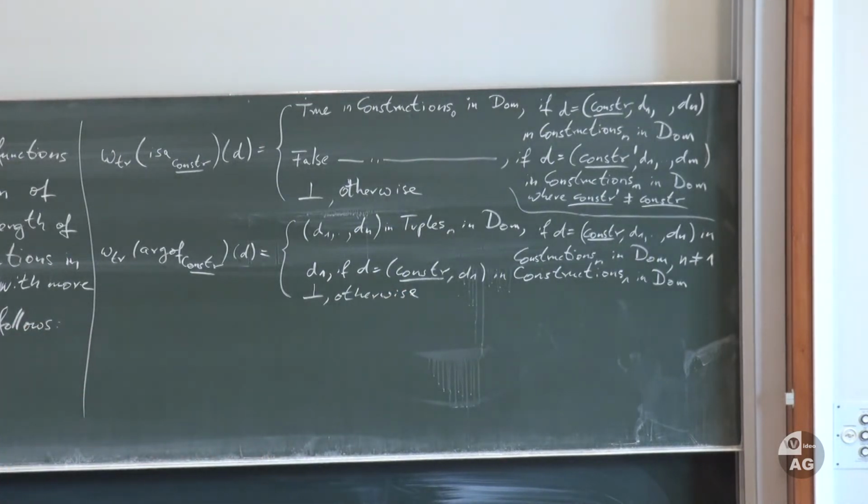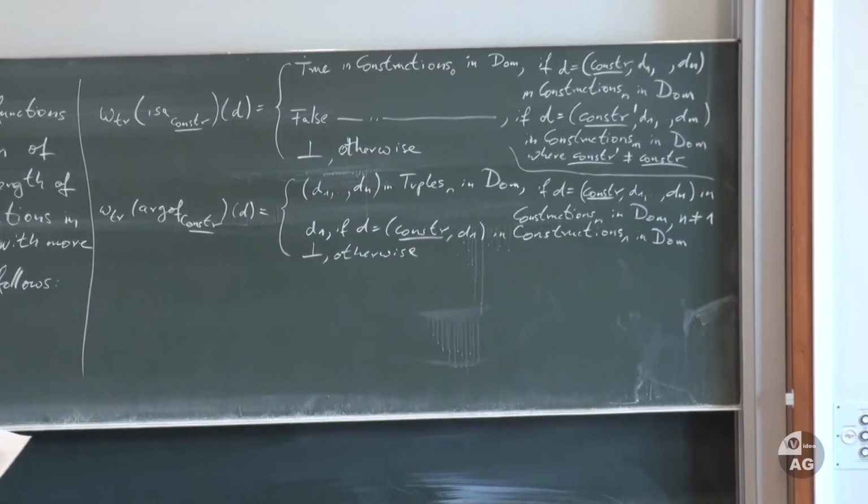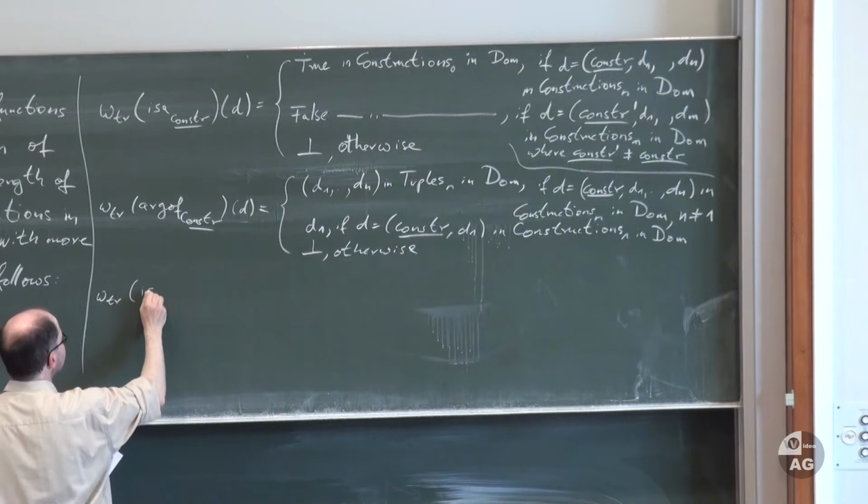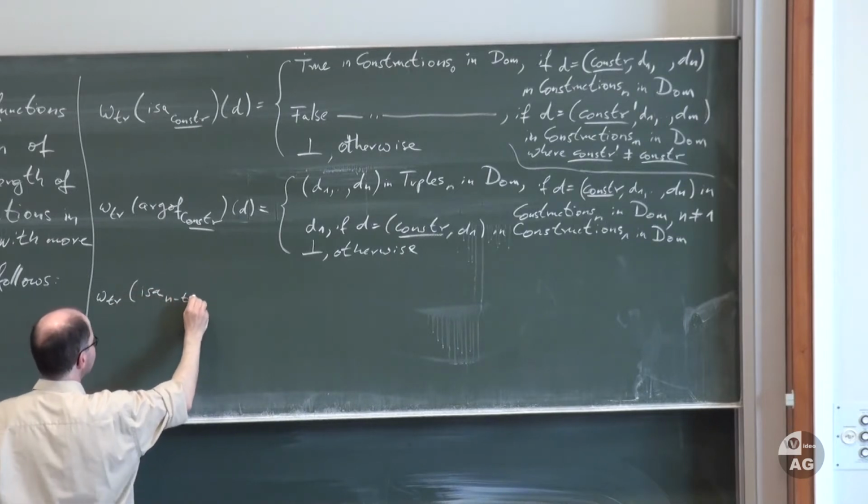Okay, now we need the same thing for these tuple functions. This is our n tuple and the selection function. So what's the semantics of is n tuple?